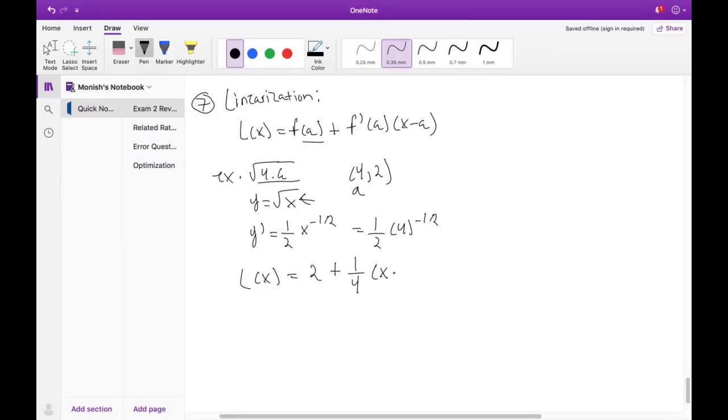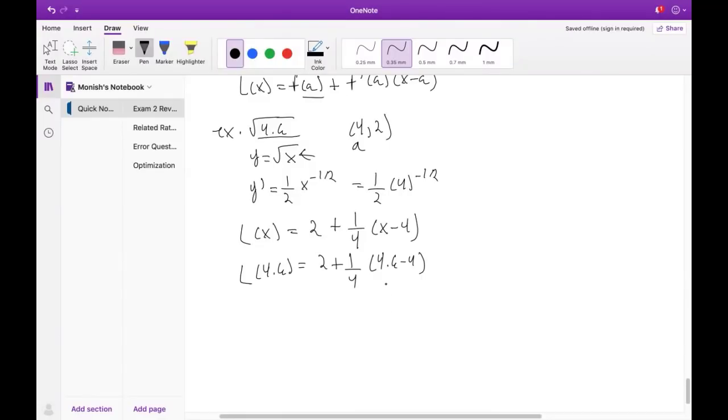And then x minus a, and again, a is 4. That's my equation. And now if you want to evaluate specifically at 4.6, we can just say L of 4.6 equals 2 plus 1/4 times 4.6 minus 4.